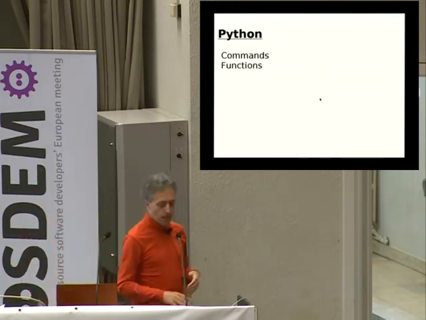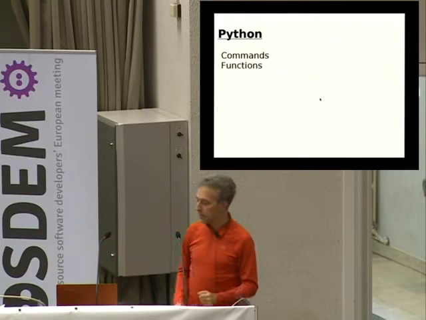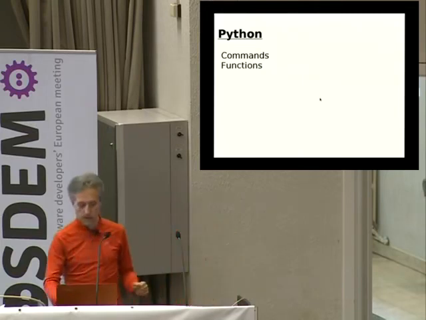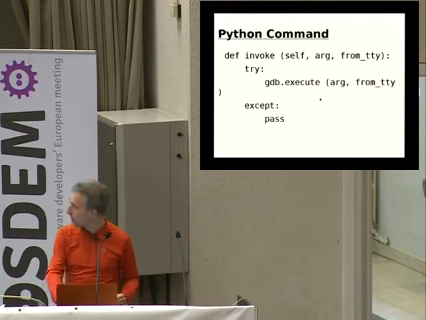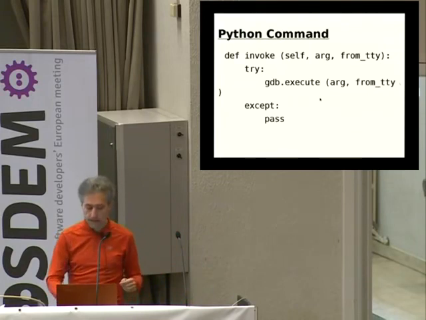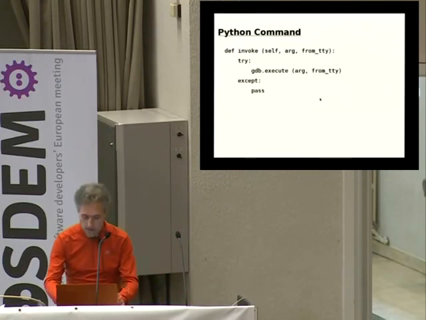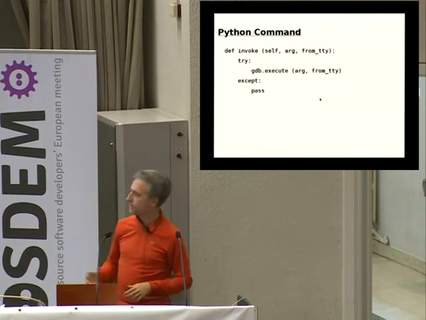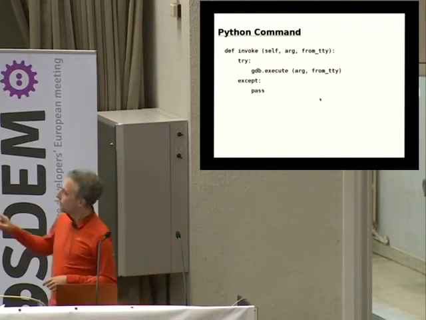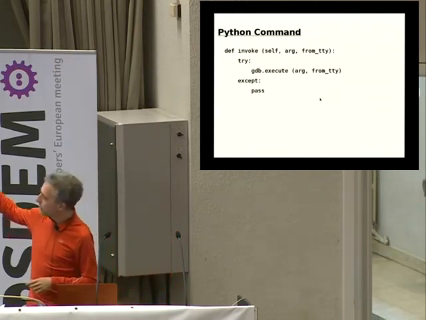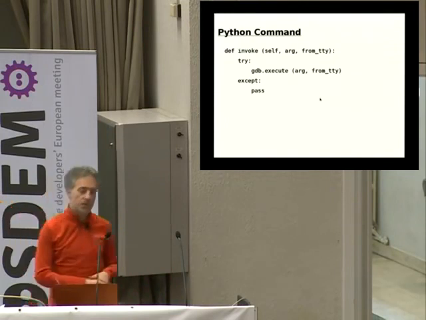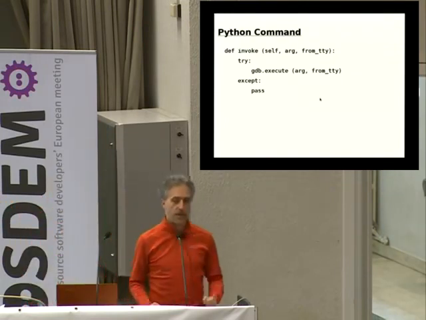Functions. You can add new functions to GDB. I think I have an example of some of these. Yeah, here, got cut off. Fantastic. There we go. I can't believe that worked. So this is actually a super simple example of a Python command.